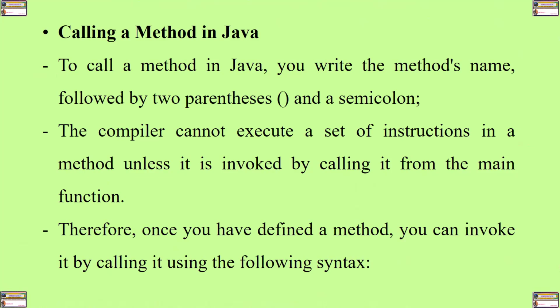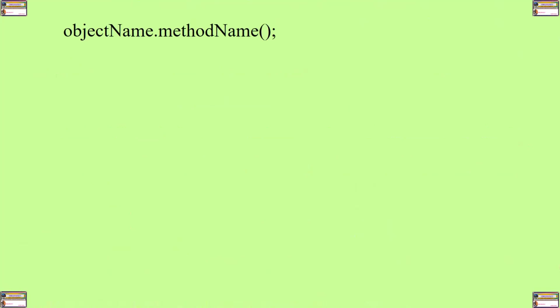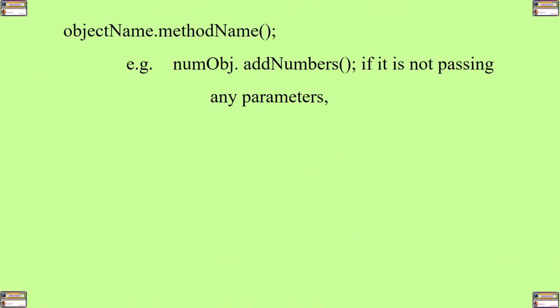Therefore, once you have defined a method, you can invoke it by calling it using the following syntax. You begin with the object name, followed by the method name. For example, if you have created an object called num_object, then you can invoke the add numbers method using the statement num_object.add numbers.